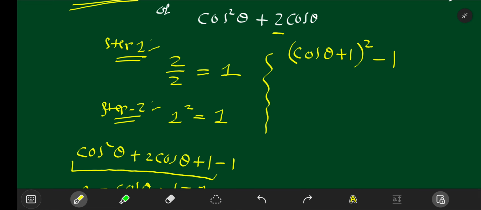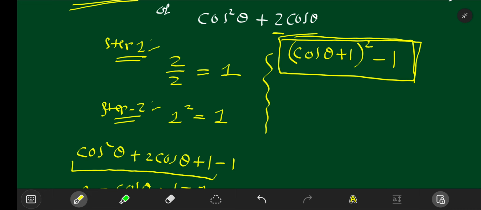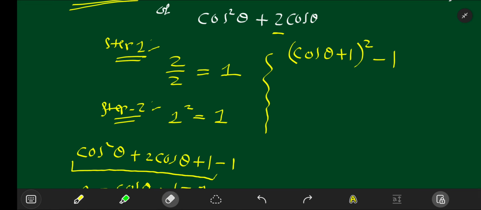Now this equation is in the form of perfect square. Now we have to find the minimum and maximum value for this equation. Now it is convenient and easier to find the minimum and maximum value for this equation.